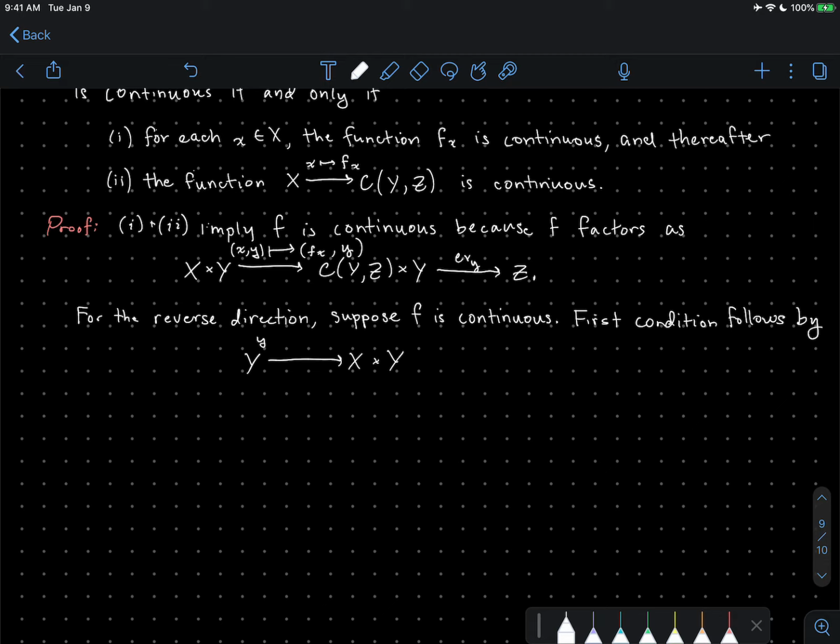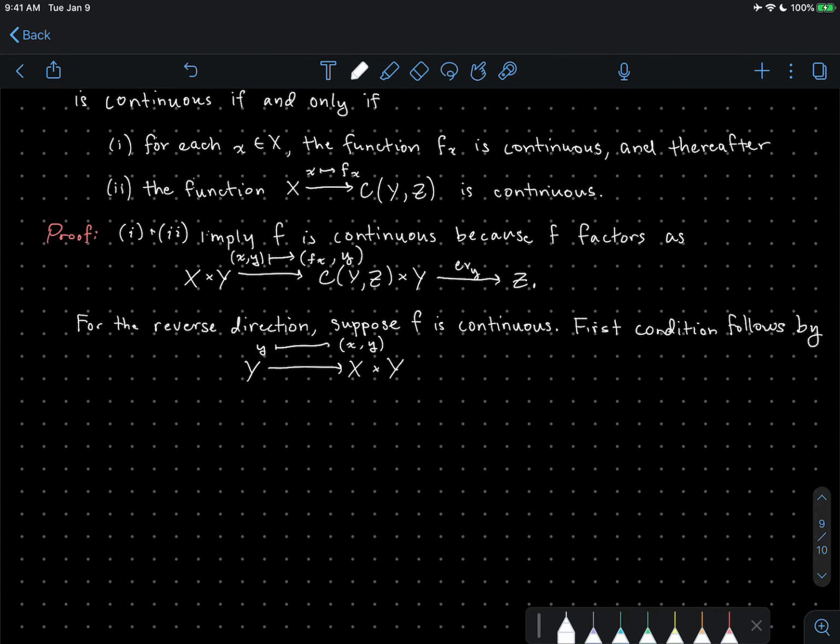So this takes little y to (x, y). If you really want to be super nitpicky about it, we can take Y as a homeomorphism to the point cross Y, and then this is the function that maps the point to (x, the identity on Y).